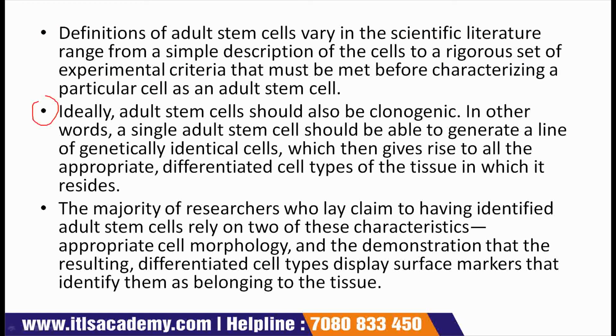Next point is, ideally, adult stem cells should also be clonogenic. In other words, a single adult stem cell should be able to generate a line of genetically identical cells.